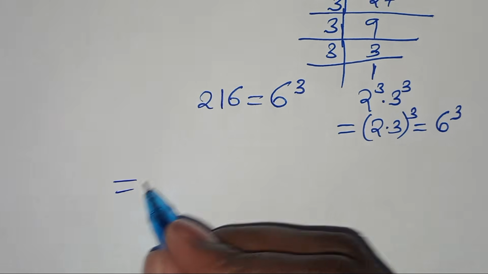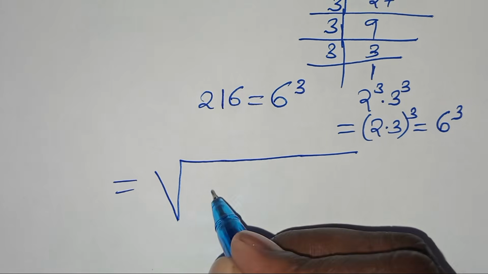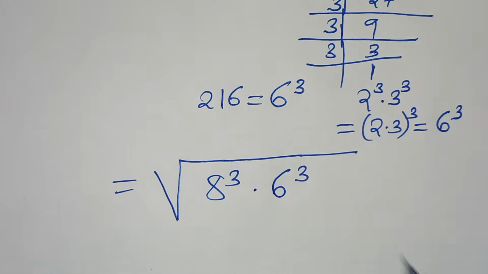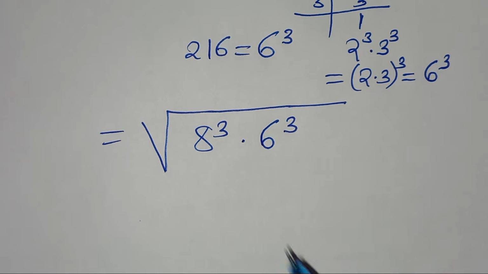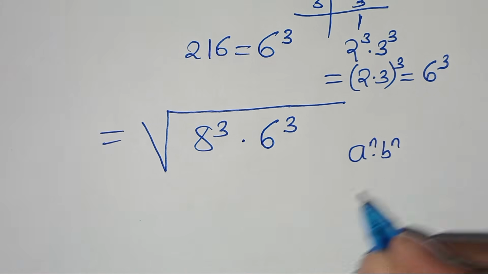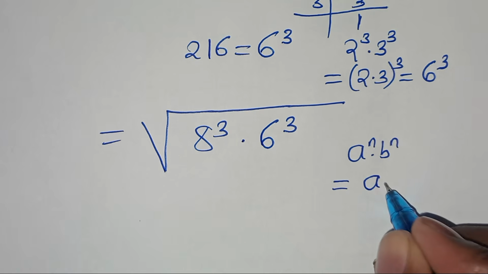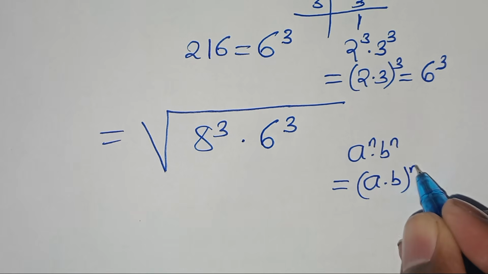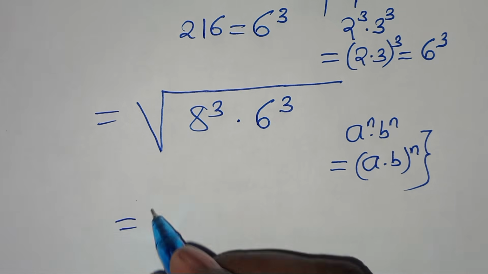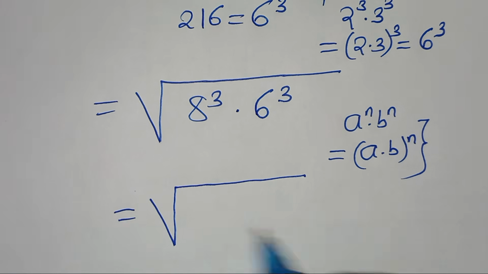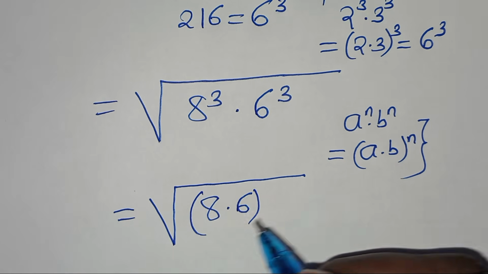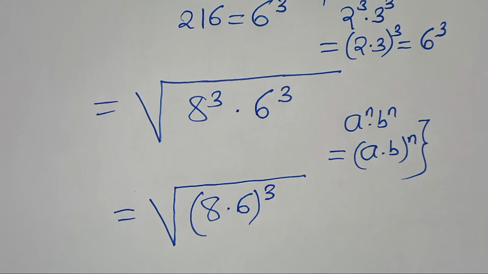So this means we have the square root of 8 to the power of 3 multiplied by 6 to the power of 3. Now, this is in the form of a to the power of n times b to the power of n, which we can express as a times b raised to the power of n. Applying this exponent property, then we have the square root of 8 multiplied by 6 raised to the power of 3.